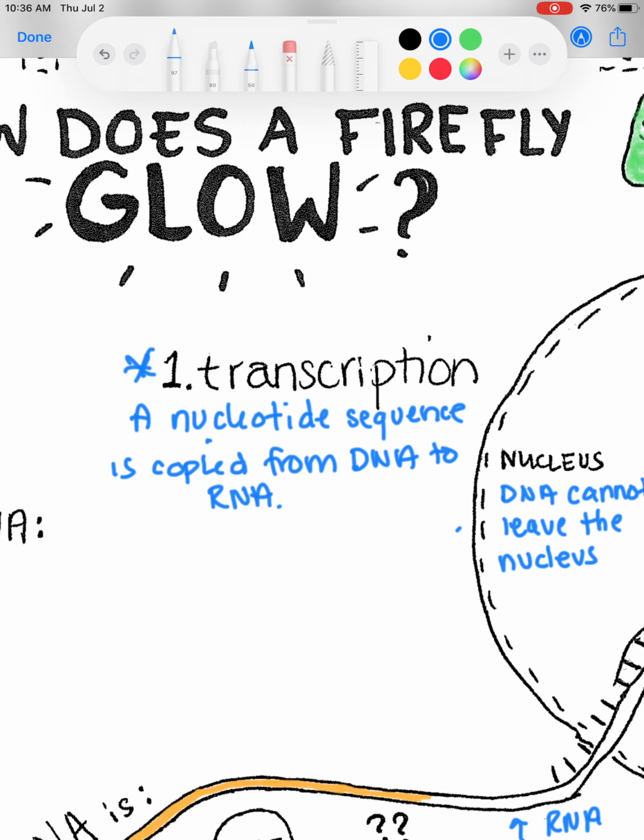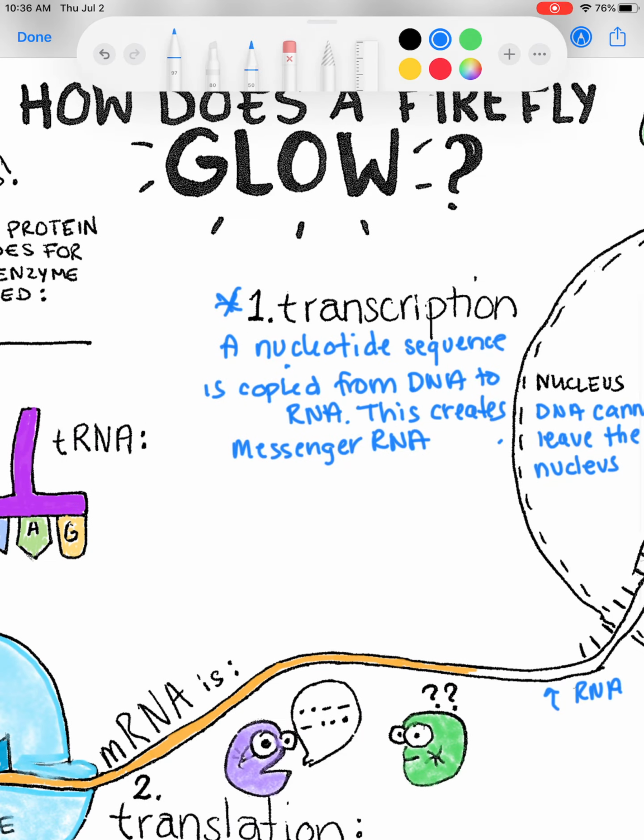Okay, and this piece of RNA is called messenger RNA. But we like to shorten everything, so messenger RNA is referred to as mRNA. So this messenger RNA is the RNA that carries information from DNA to the ribosome.